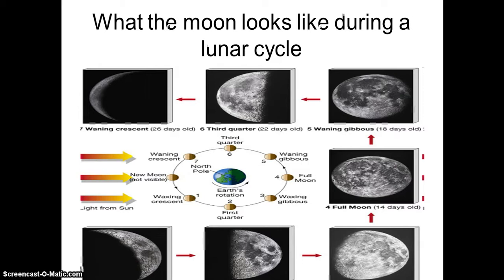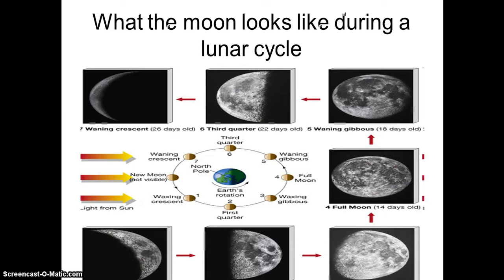This is a lunar cycle. There are 2 main sections of the phases of the moon. You've got waning and you've got waxing. Waxing is when we are building up from a new moon to a full moon. Waning is equivalent to wearing away, so that occurs when we have full moon going to new moon.